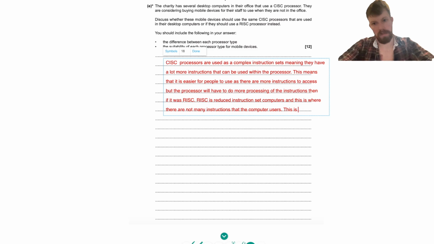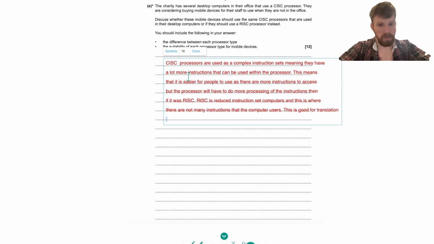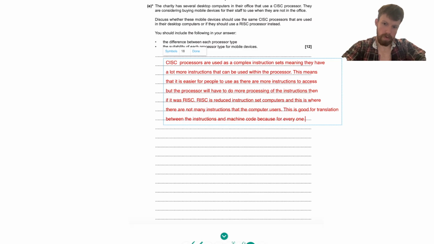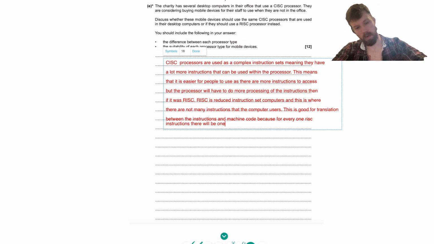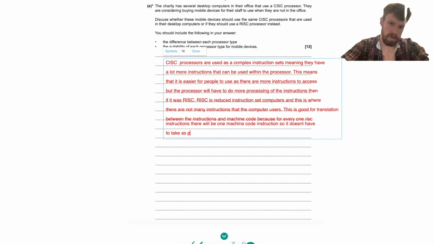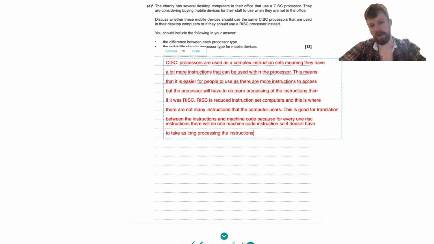This is good for translation between the instructions and machine code, because for every one RISC instruction there will be one machine code instruction, so it doesn't have to take as long processing the instruction. Okay, so we've written some information about that.